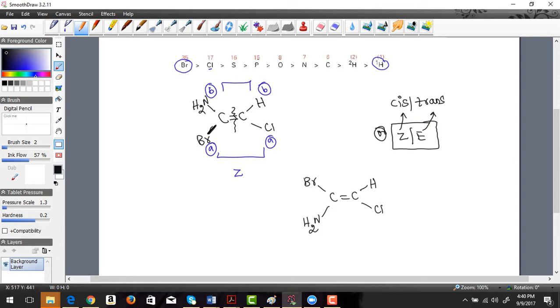Still, let's get our blue. You only focus on the element that's directly attached to the carbon, and Br is higher in priority over nitrogen, and chlorine is higher priority over hydrogen. A and A are on the opposite side, so that means it's an E.